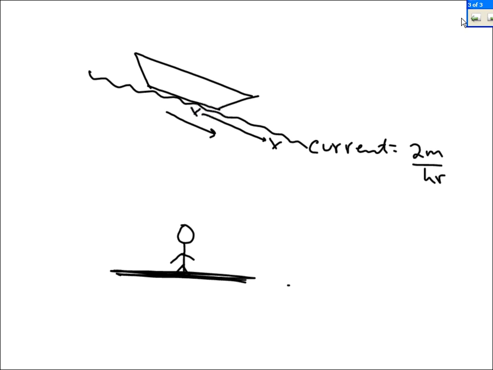Now, if somebody in the boat causes the boat to move on its own, whether they're rowing or they have a motor pushing the boat, and the boat is going 10 miles an hour, how fast is the person going in that direction? The answer is 10 plus 2, 12 miles per hour. When you're going in the direction of the current, that is when you're going downstream, you add.